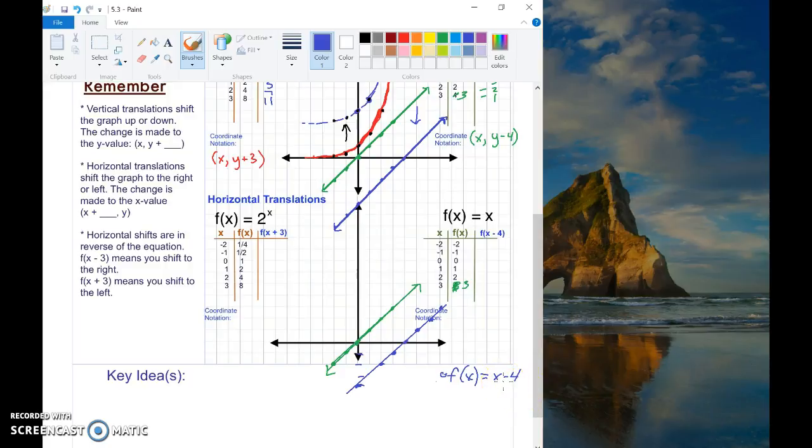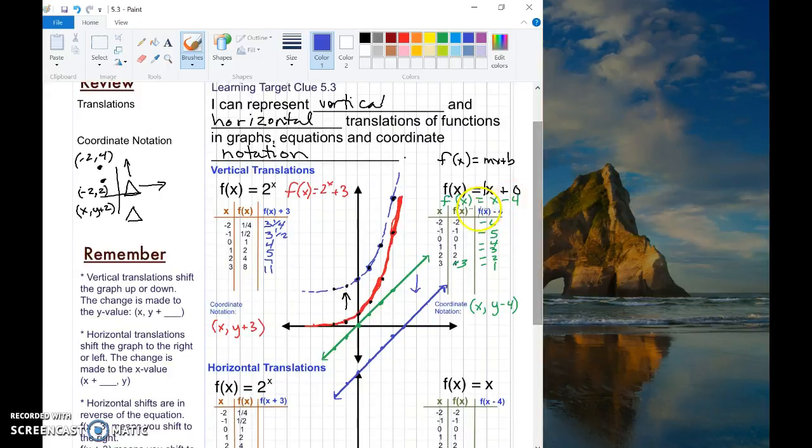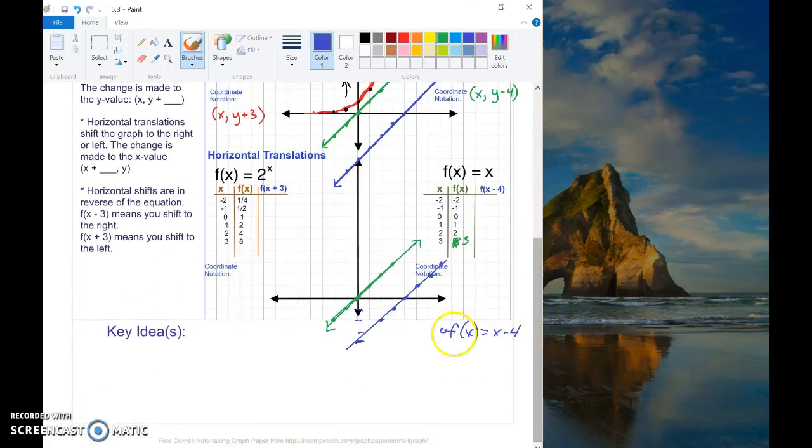It actually looks like it's moved down as well, doesn't it? It's actually moved down because if we looked at our equation, it's exactly the same as the equation up here that we wrote, f of x equals x minus 4. So what we've done is we actually have the same equation.